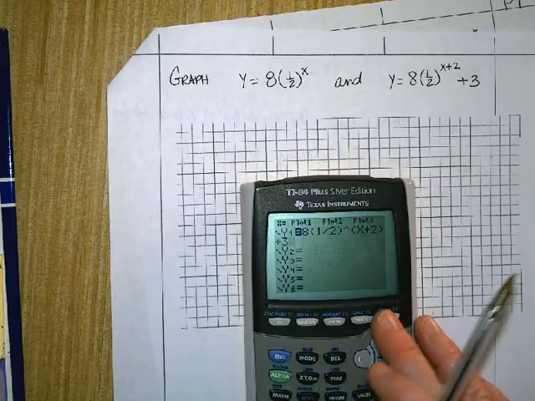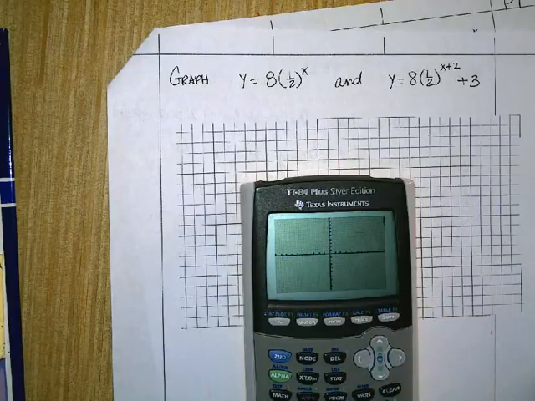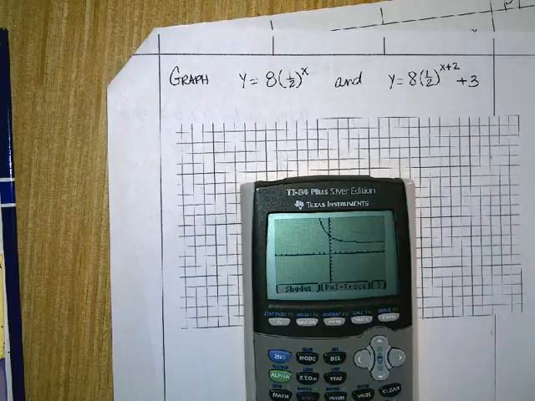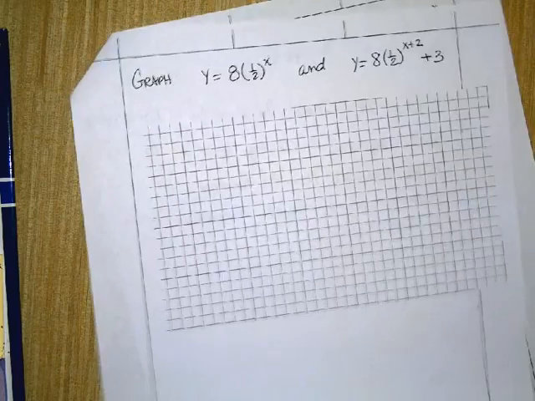And graph. What does it appear your asymptote is now? Y equals 3, because that 3 moved it up 3 units. So your horizontal asymptote is where y equals 3.